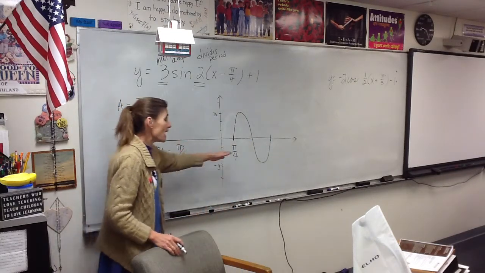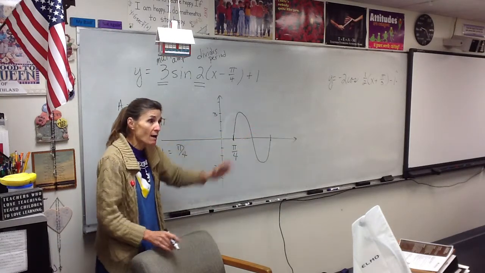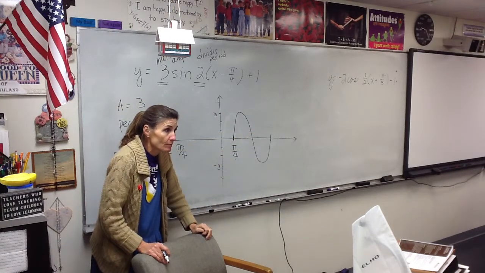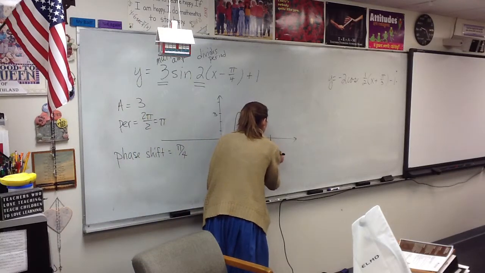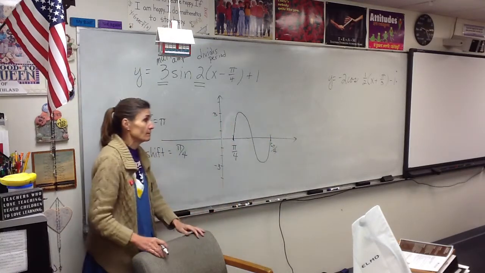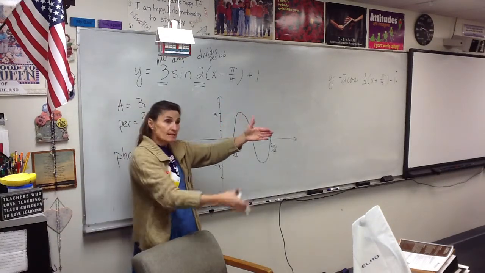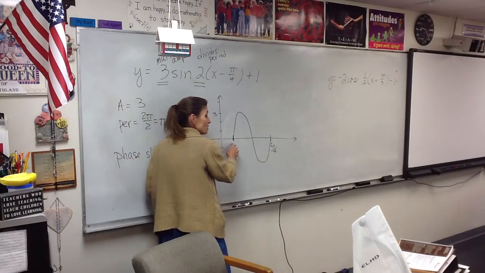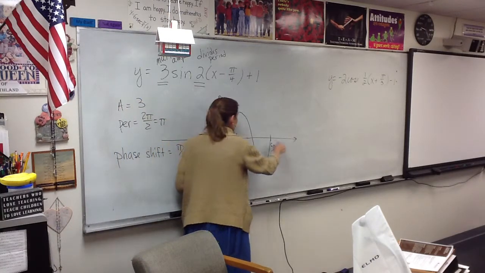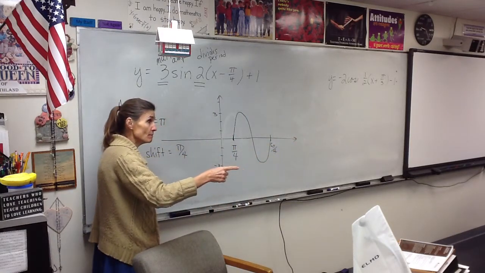Since it started at a 4th, and the period is a whole pi, where's it going to end? 1 1/4. Or I prefer to use 5/4. But that is 1 1/4. Remember, period is the distance of a hill and a valley. If you don't start until 1/4, then you're not going to end until 1 1/4. Does that make sense to you?